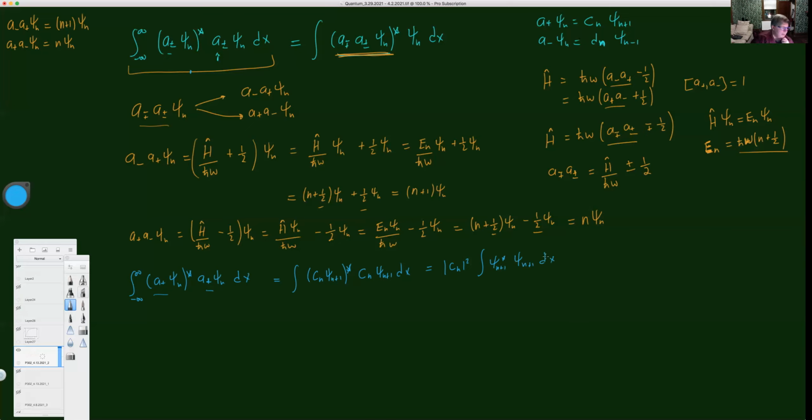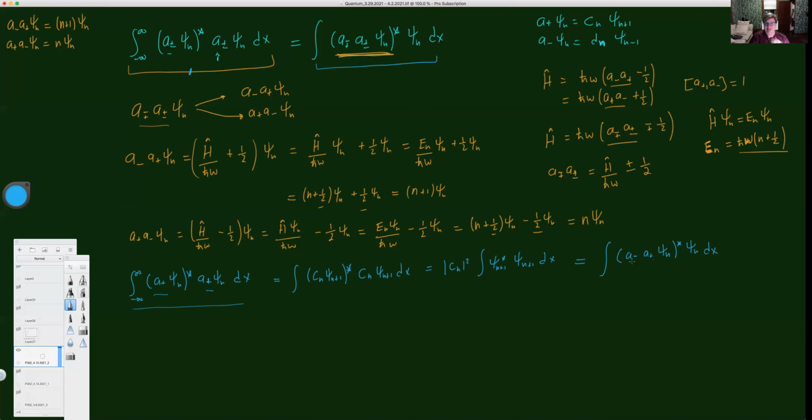Okay. Now, I have this side, but notice that when I pick a sign here, I can also use this side. So this guy here is this integral here. So I'm going to write that here. So equals, now I picked the top sign, so this is the integral of a minus a plus, picking the top signs, psi n star psi n dx.